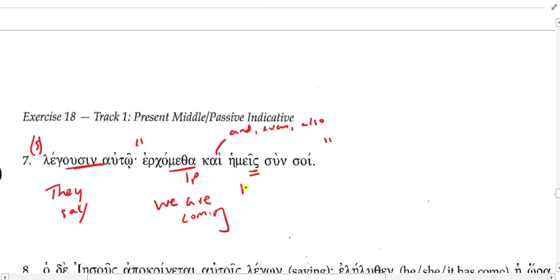So this is nominative. So it's first plural and it's nominative. So it's really the subject of that, isn't it? So we probably want to translate this before erchometha. So also we, or we also are coming. Sun soi. What's sun? With. Sun is with. Soi, you. So we also are coming with you.